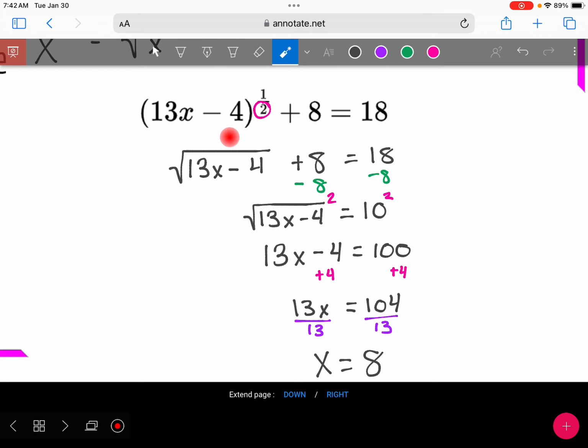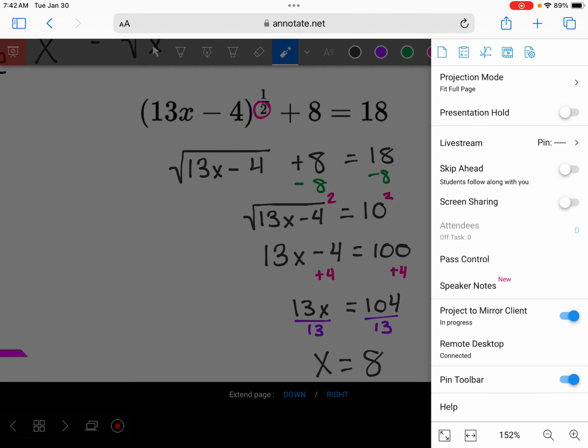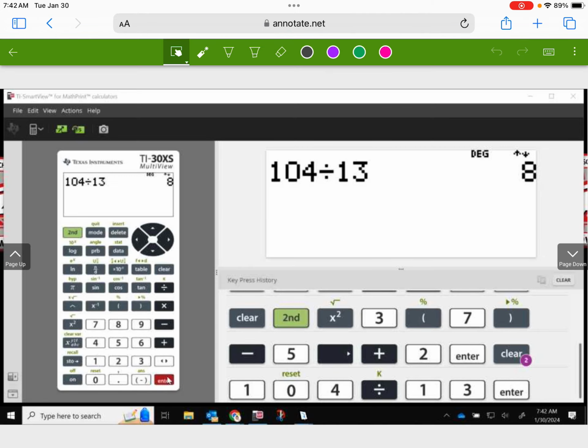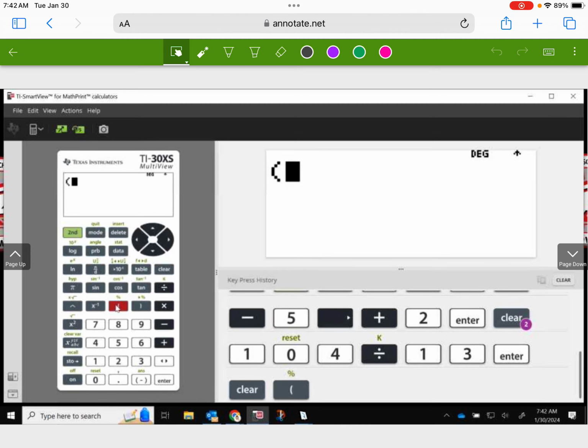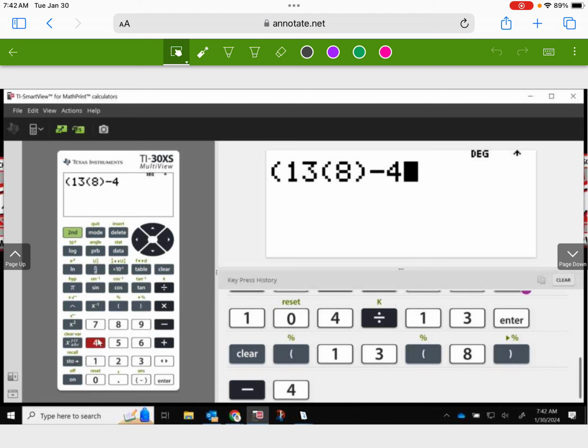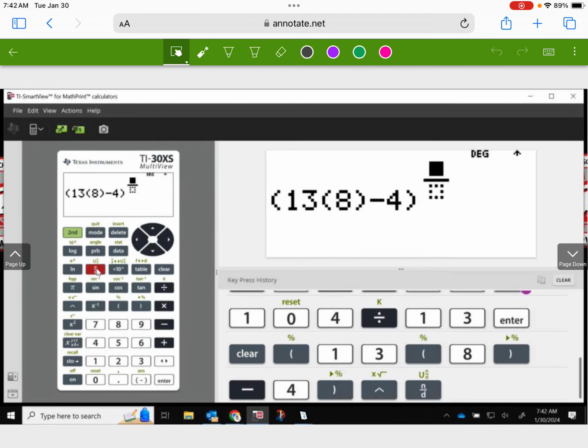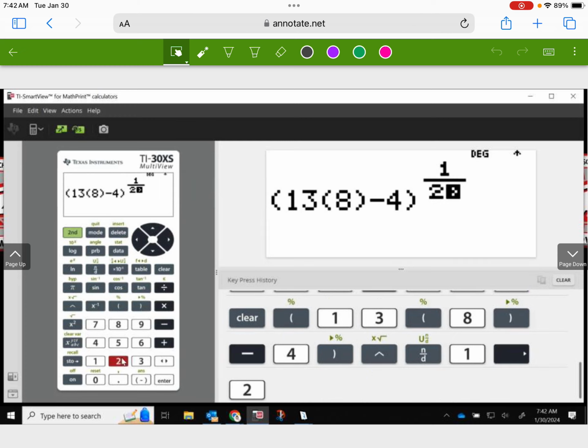So when we go back and check it, I'm going to go up to my original equation, where we're going to have 13 times 8 minus 4 to the power of the fraction 1/2. So I can make it look just like that.